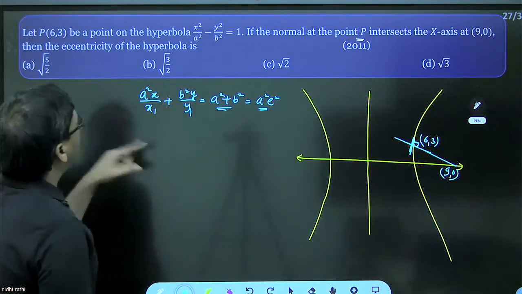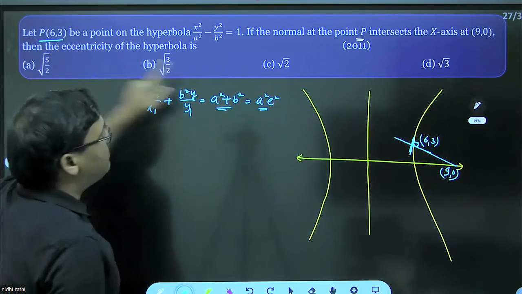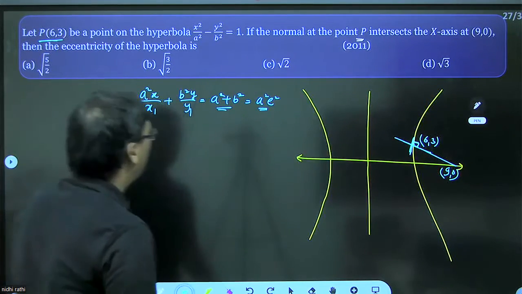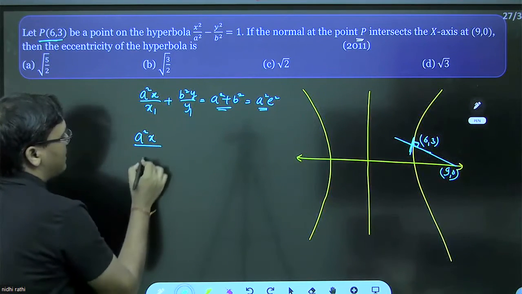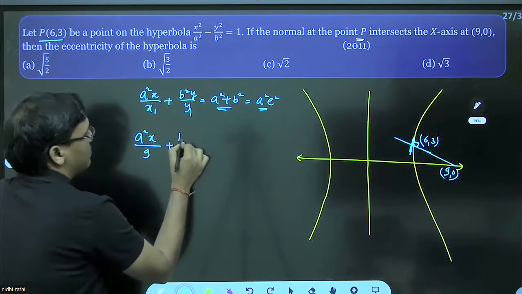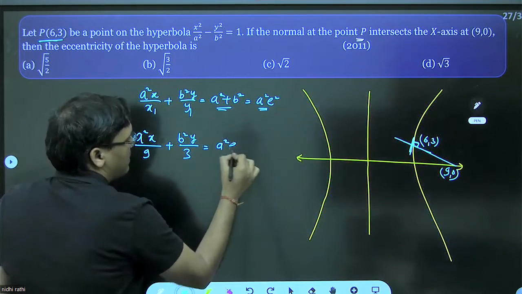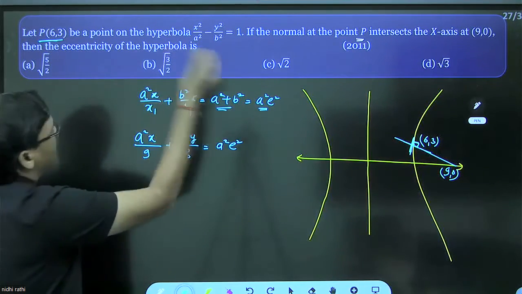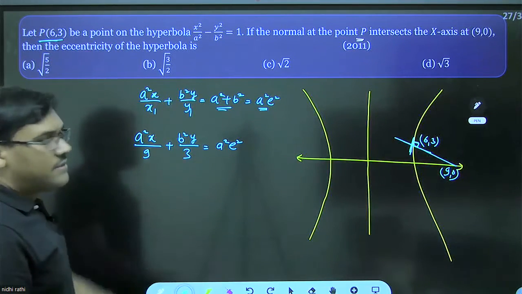Now, at which point do we write the normal equation? At point P. So x1, y1 is (6, 3). Why am I taking this? Because ultimately you have to find the eccentricity. So this is the condition, right?